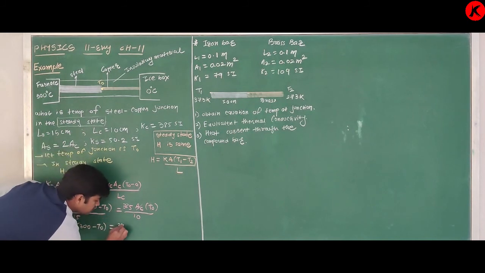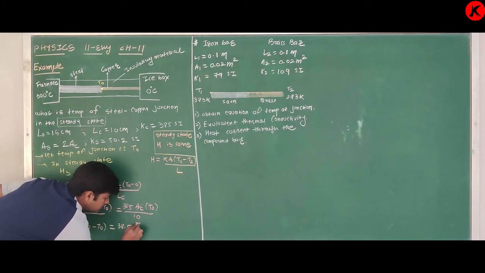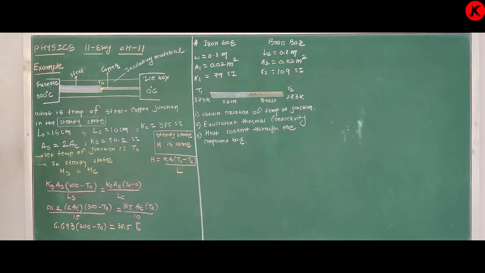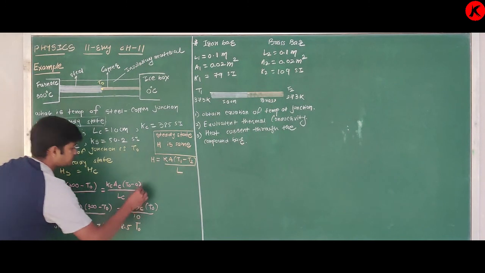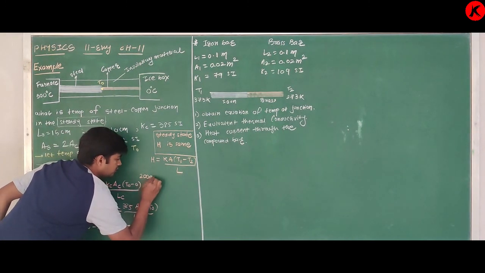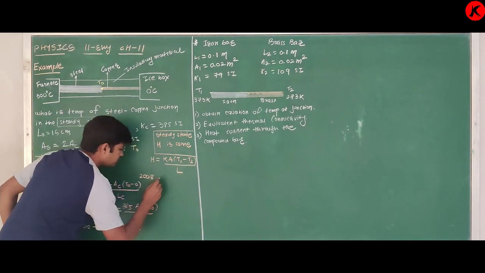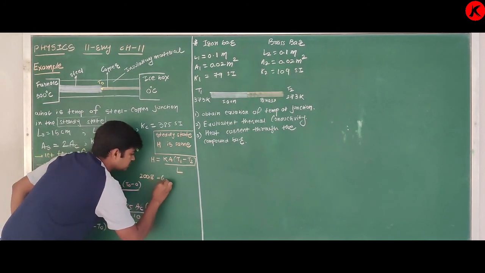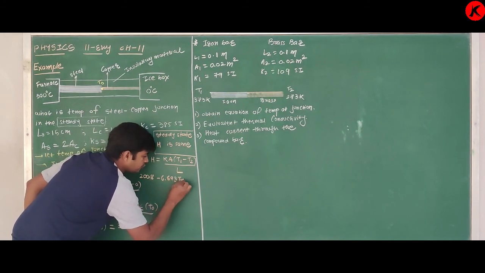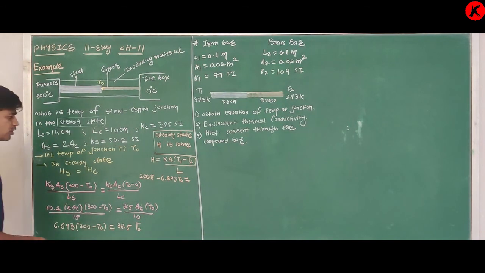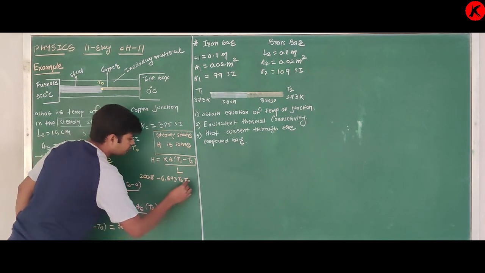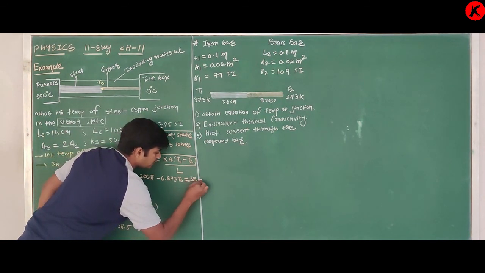So obviously it is 38.5 T0. Now if you multiply this bracket by 300, it is 2008. So it is 2008 minus 6.693 T0 is equal to this side, 38.5 T0.